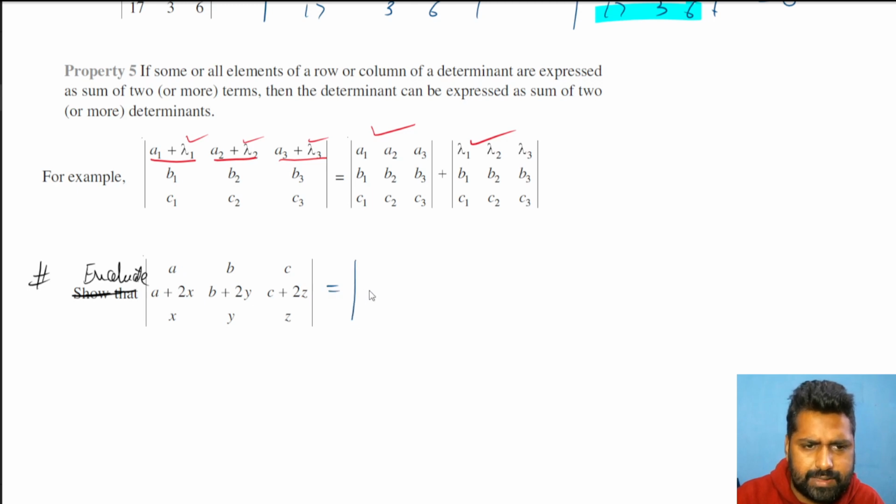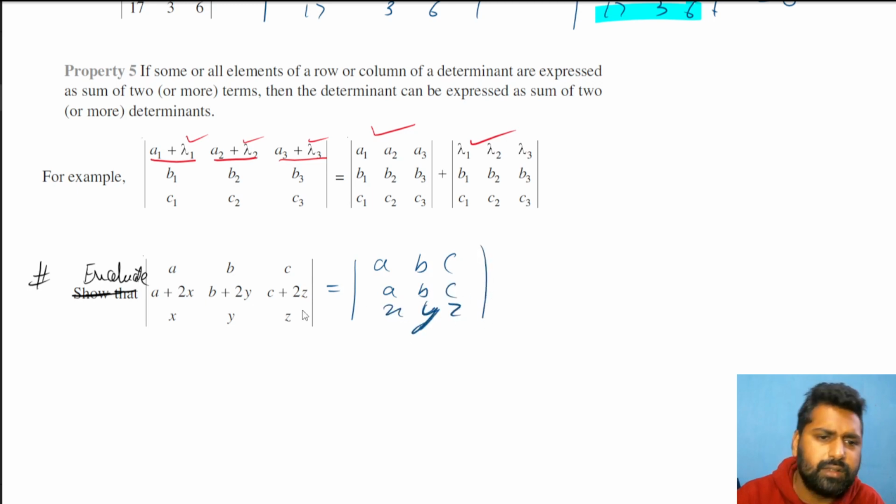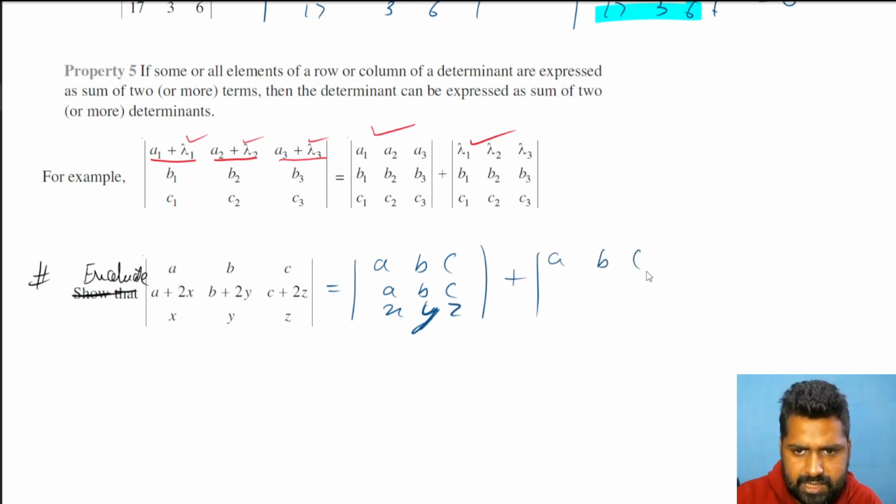So I can break this down as A, B, C, X, Y, Z, and then write another determinant with row 1 and row 3 the same, A, B, C, X, Y, Z, and this time you write 2x, 2y, 2z.